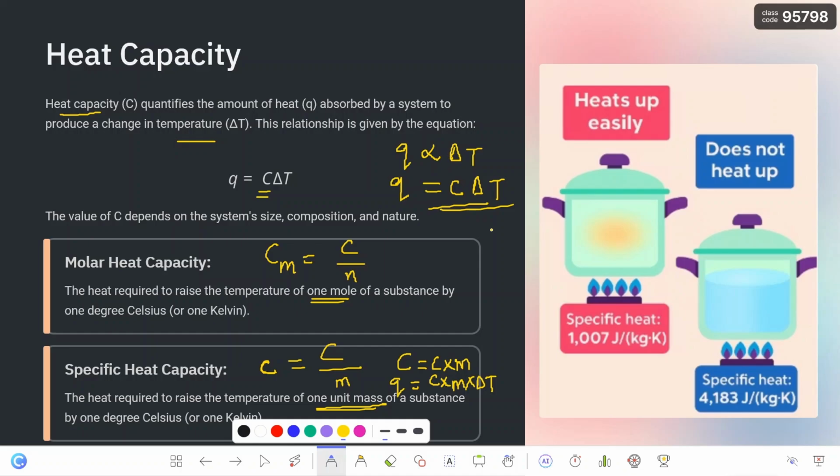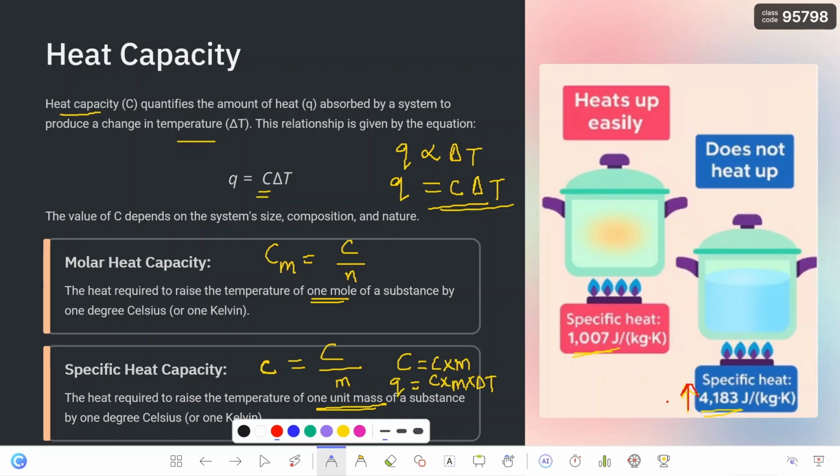So, suppose you see here two things are there. One is having a specific heat capacity of 1007 joule per Kelvin kilogram and another is 4183. So, in this case, this substance is having higher specific heat. So, in that case, what does that mean?